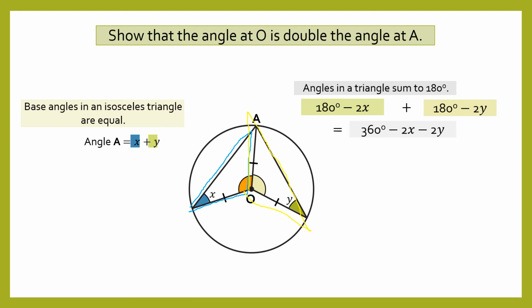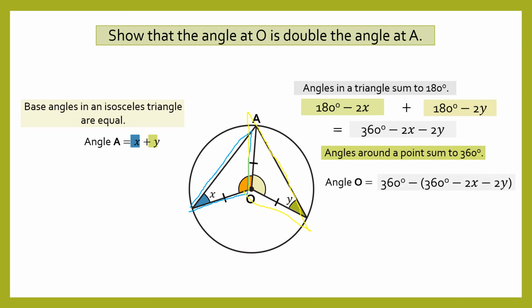Now, taking the rule of angles around a point add up to 360, I can say angle O, which is this one, is equal to 360 minus the answer I have got here. Okay.